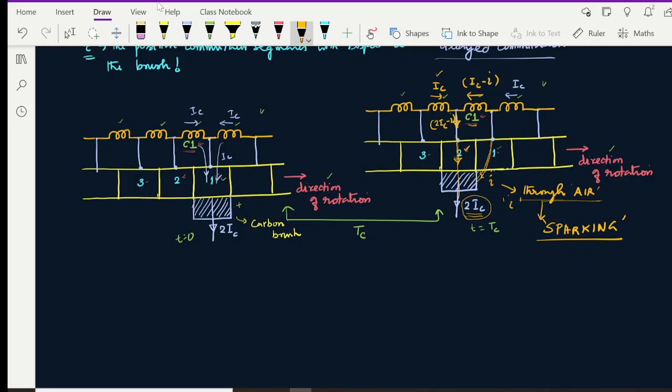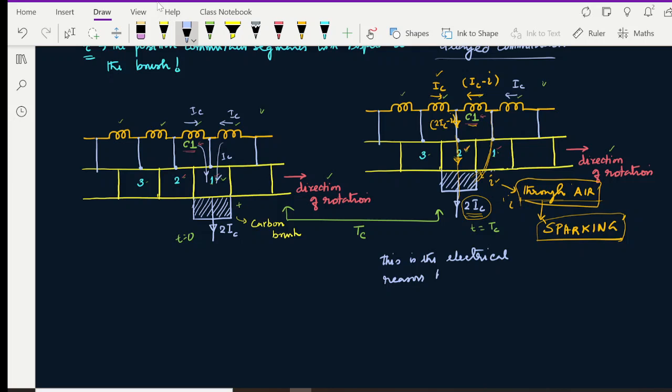Then naturally there is a small excess current trying to come from this portion to satisfy the load current, and that naturally jumps from the commutator segment towards the brush through air, and that jump through the air causes sparking.